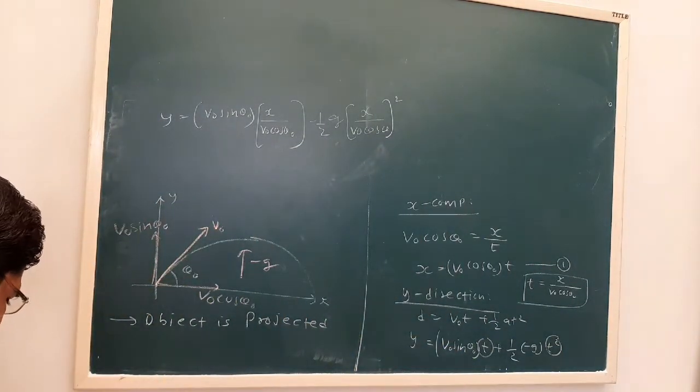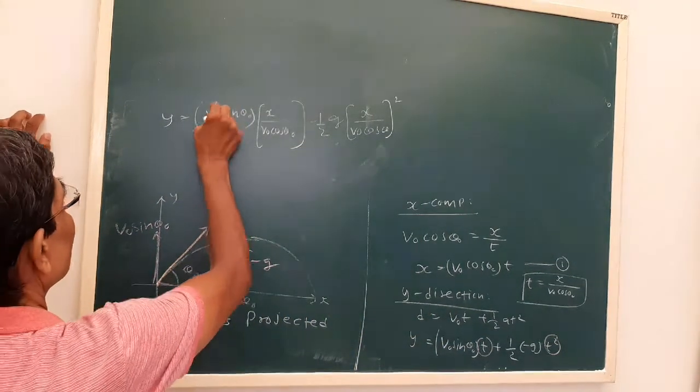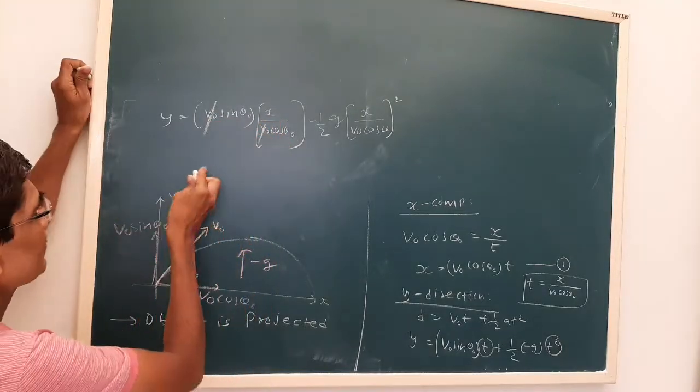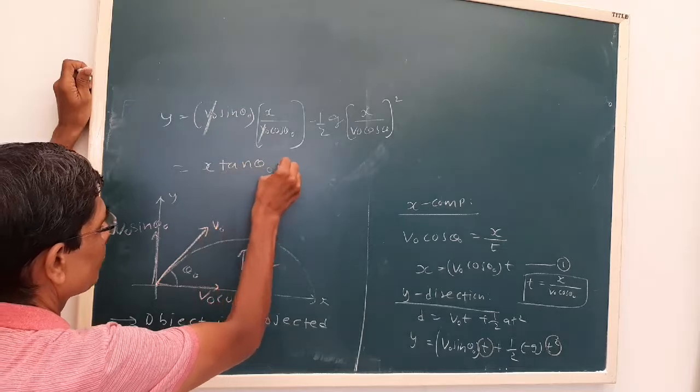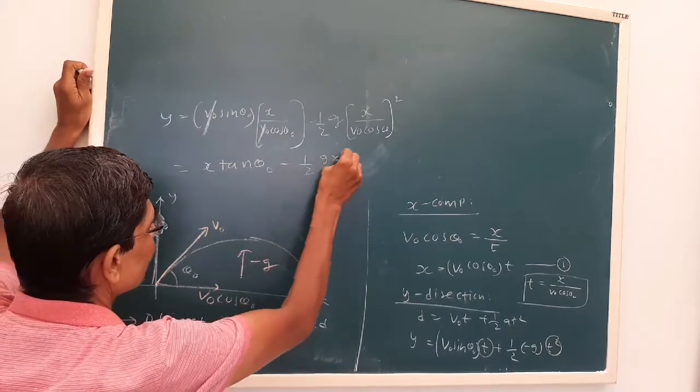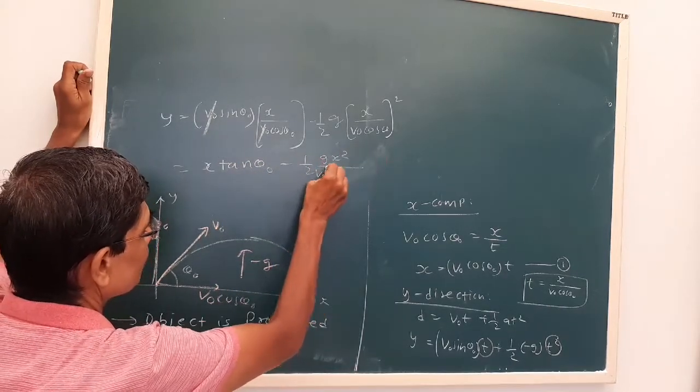Now when we simplify, v0 will be cancelled, sine upon cos is tan, so x tan theta minus 1 by 2 g x square upon v0 square.